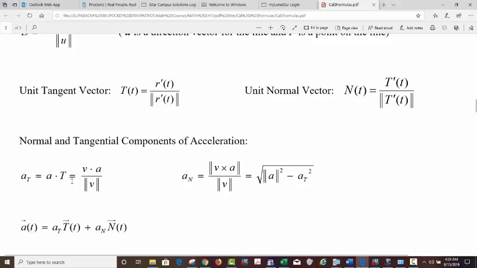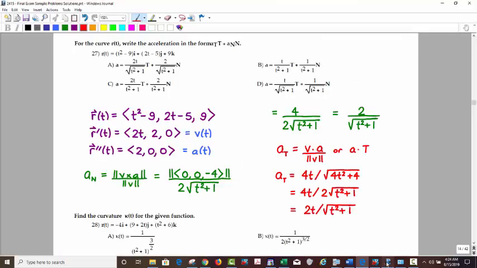But we're not actually finding t, so we need to use that formula right there. You can use either one of them for AT. But A dot t was my go-to formula whenever I wanted to find it, but here we just want AT and AN separately. So it looks like I just used a cross product formula anyway.